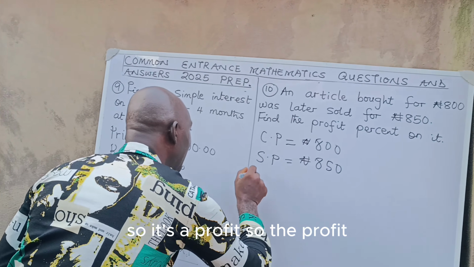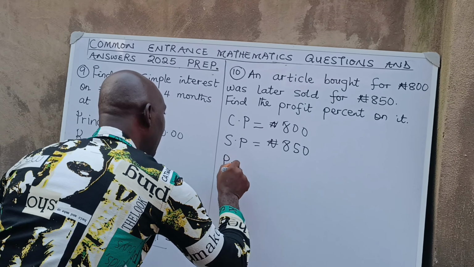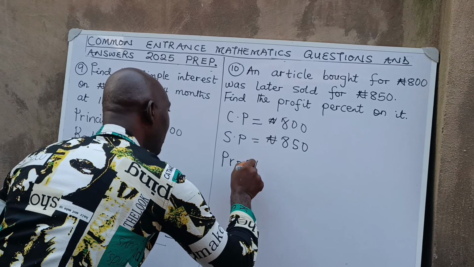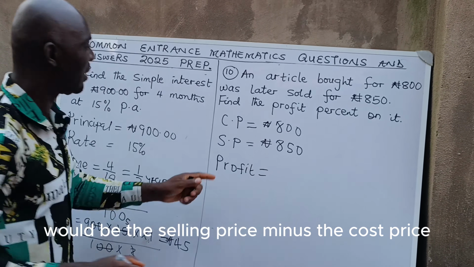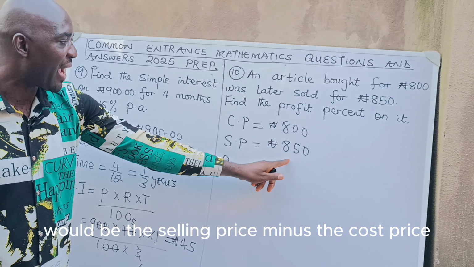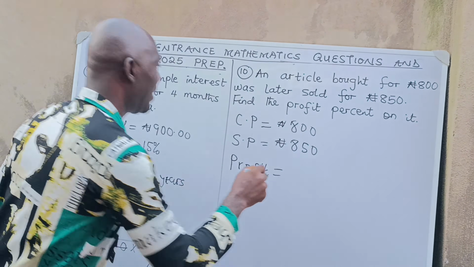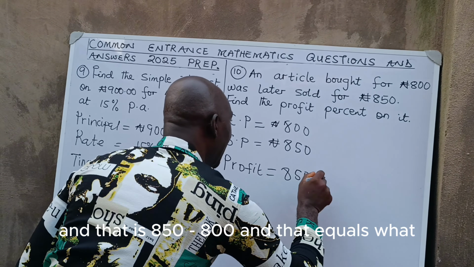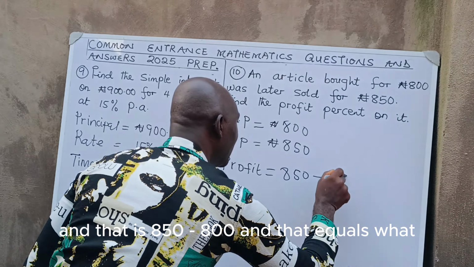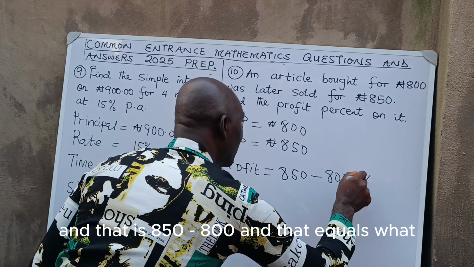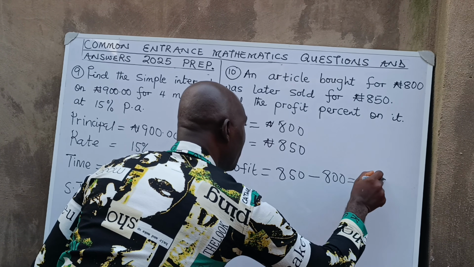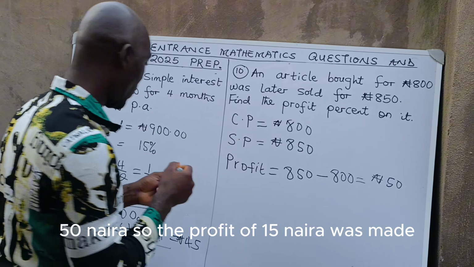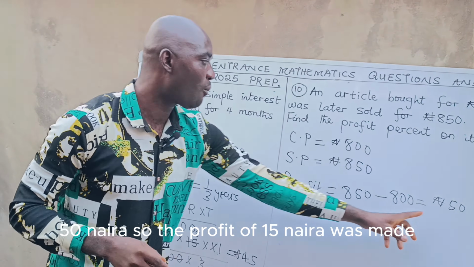So the profit will be the selling price minus the cost price, and that is 850 minus 800, and that equals 50 naira. So a profit of 50 naira was made.